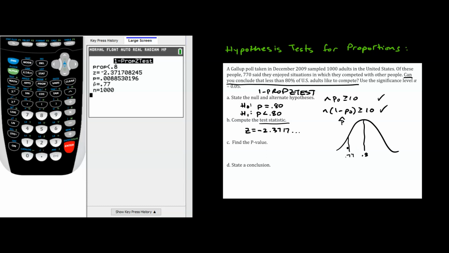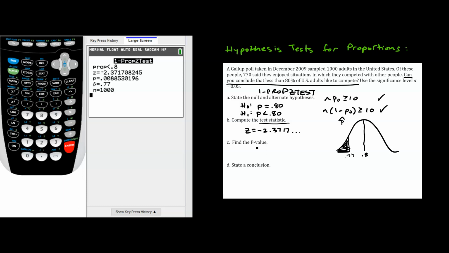If we looked at the area to the left of this, that is exactly going to be what our p-value is in this next part. But the number of standard deviations that 0.77 is from 0.8 in this distribution of sample proportions is precisely what this z-value is. So if this distribution got standardized, 0.77 would get converted into a z-score of negative 2.3717.